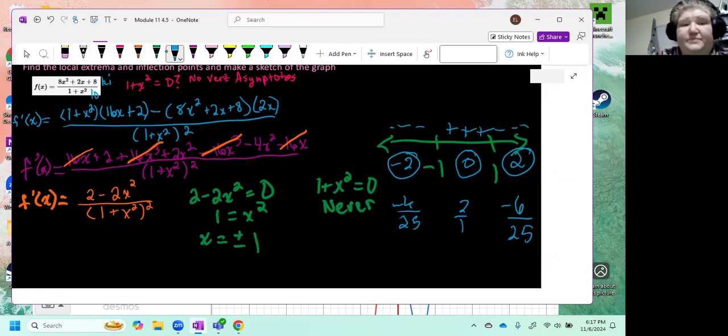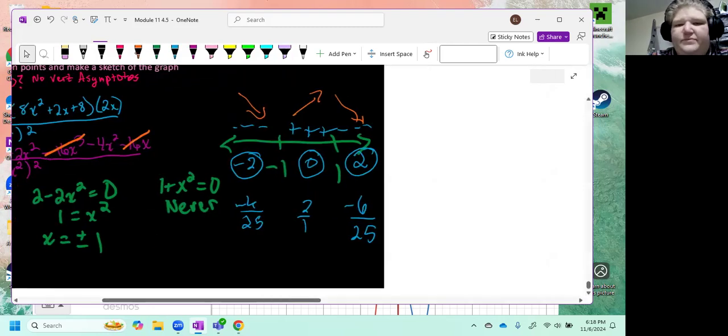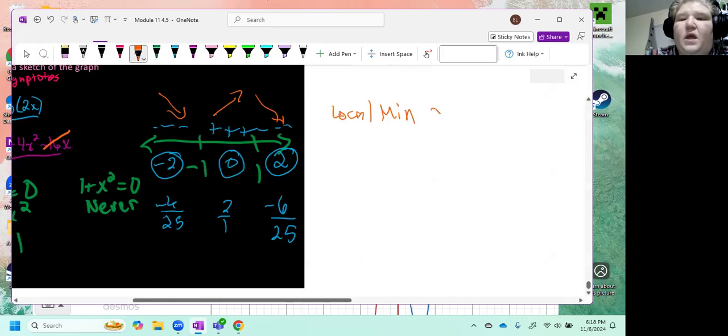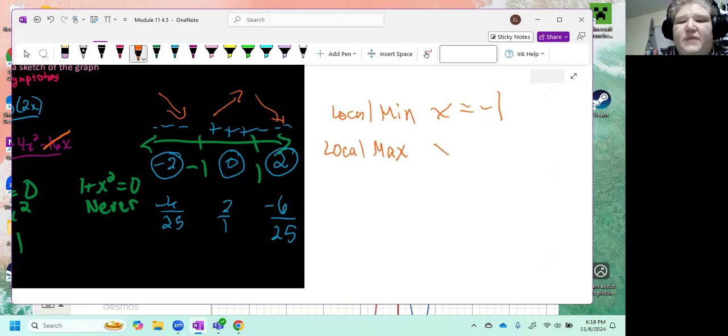All right. So our first derivative test results are telling us decreasing to increasing to decreasing. So our verbal part of the answer here, we have a local min at x equals -1 and a local max at x equals +1.